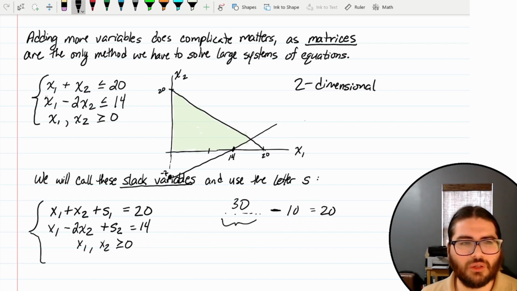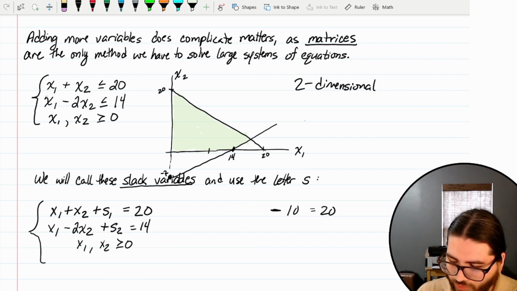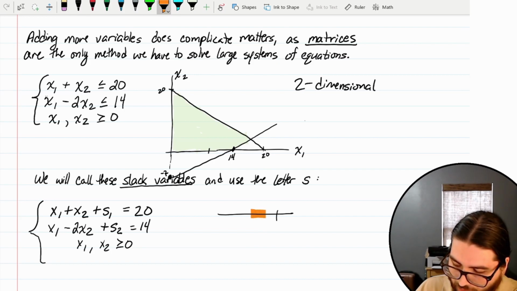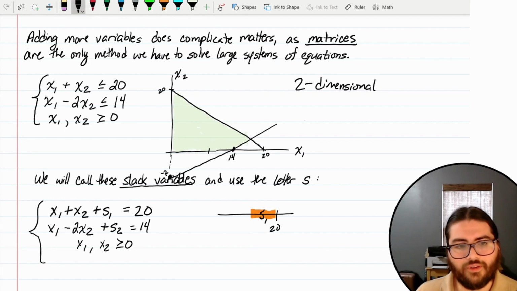That's not the situation I'm trying to describe. I'm trying to describe where I start out with something less than 20 and I add some slack to give me equal to 20. And so the slack should be on this side of 20. I don't want slack on the other side of 20.